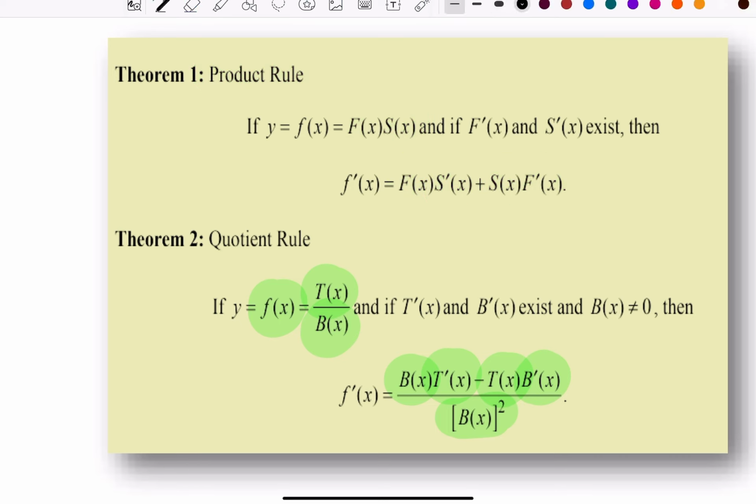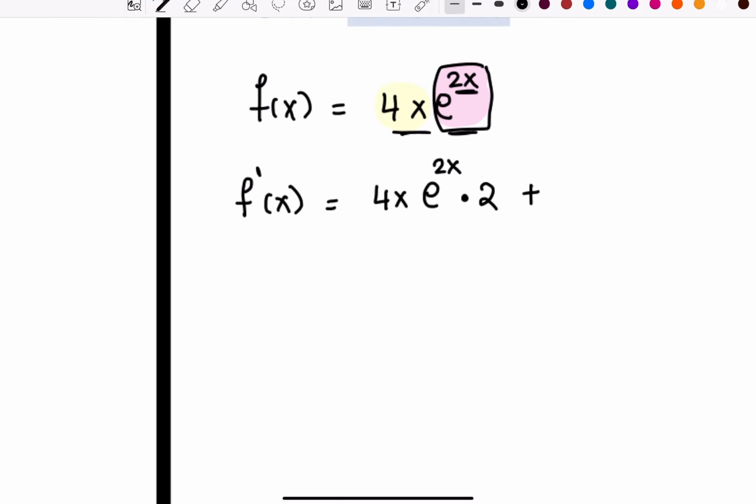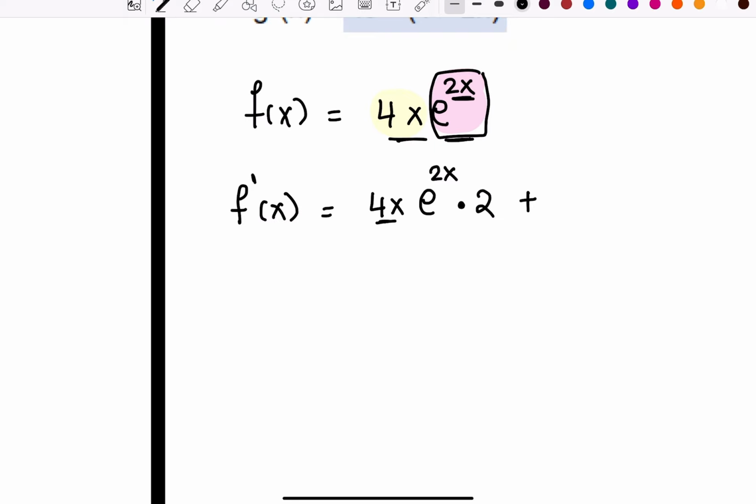If you have two functions, f of x times s of x, it's f of x, derivative of s of x, plus s of x, derivative of f of x. That's exactly what I'm doing here too. It's your first function times the derivative of the second function plus the second function, and the derivative of 4x is simply 4 times 4.